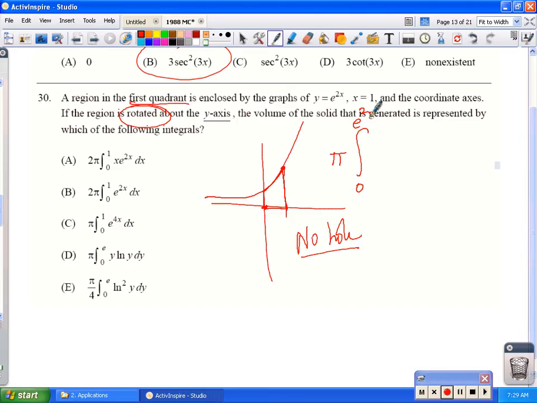So lower bound to upper bound. Now I need my radius, which is the distance from the axis of revolution to the curve, and the distance from the axis of revolution is going to be 1 squared.